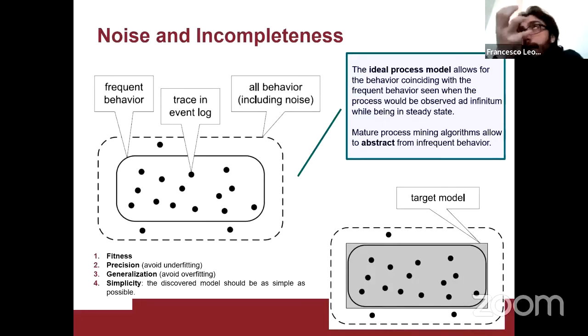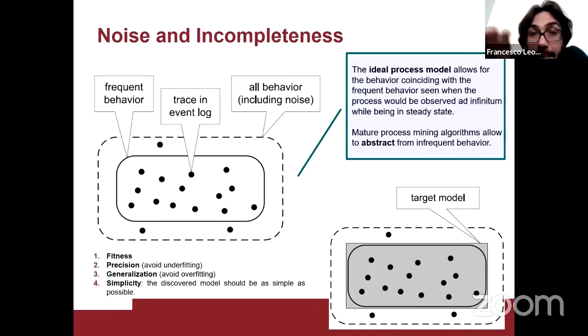That is, the frequent behavior actually describes what is the real model. At this point, once we have an event log and the model that we extracted from the event log, we can compute the fitness. What is fitness? Fitness is the ability of the model to reproduce all the traces that we have seen in the event log. The precision is somewhat similar to fitness in the sense that it describes how well the model that we obtain describes the event log.